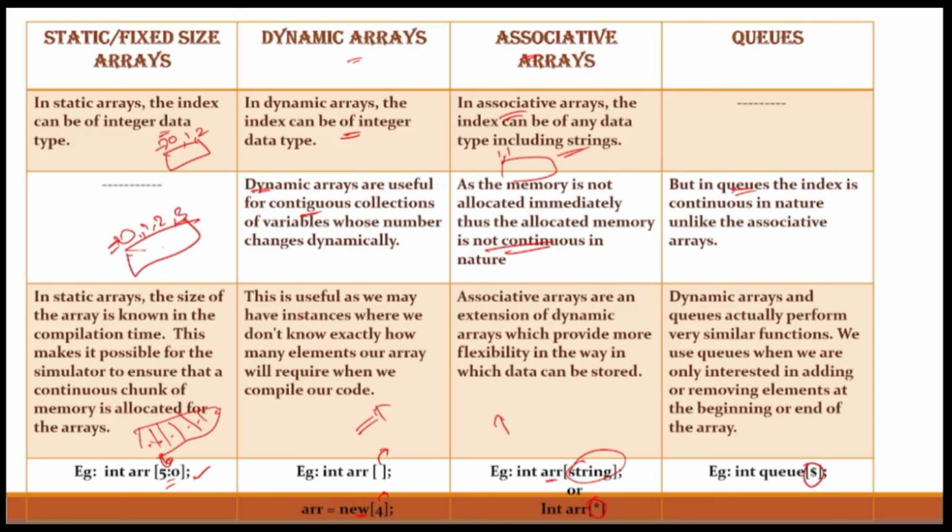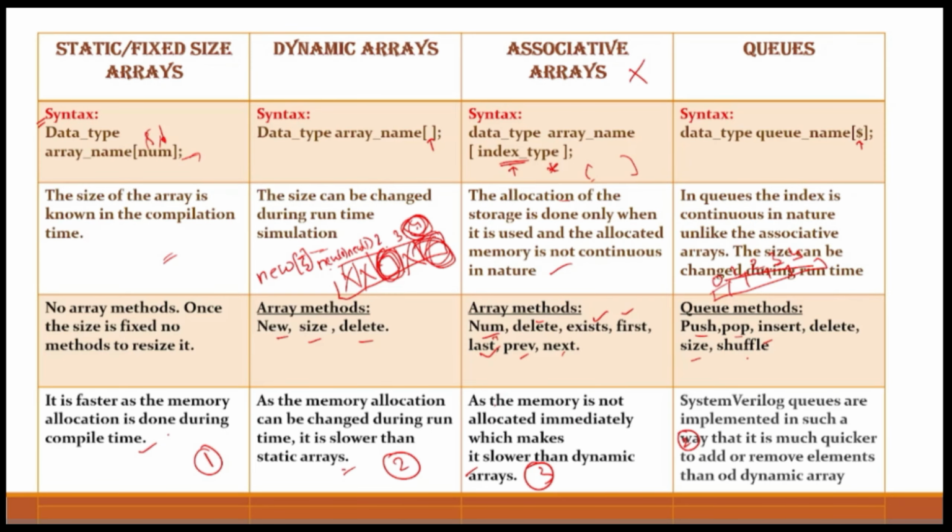Until now we have discussed that dynamic arrays have some individual methods, associative arrays have some individual methods, and queues too. Like if you see, these are array methods. Similarly, all these arrays can use some methods in one go, the topics that I am going to discuss tomorrow: methods in arrays and array ordering functions. All these functions can be used by all these arrays collectively. So that we are going to discuss in the next session.